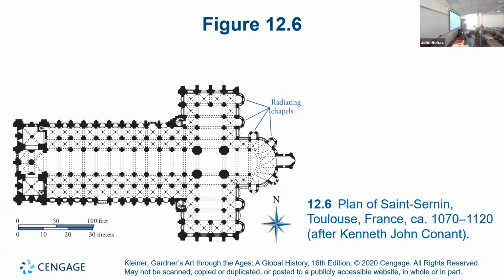Ambulatory means walking. Amble on over. Ambulatory, it's a pathway. And so these are chapels on the perimeter. And so anyway, this is a plan of St. Sernin, and it's late 11th, early 12th century.